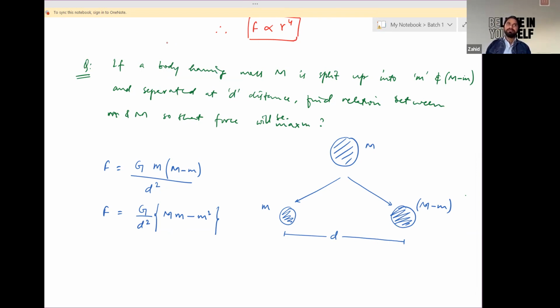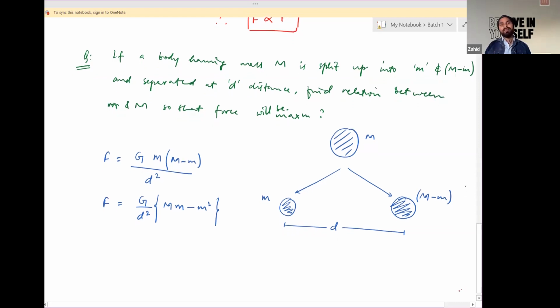Hamza, I think your examination is going on. That's fine. Good. For a function to be maximum or minimum, its differentiation should be equal to 0.